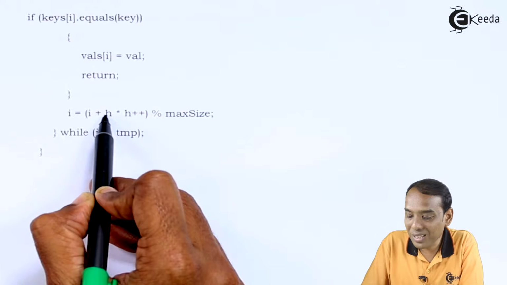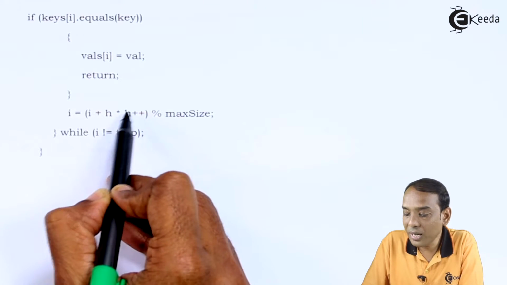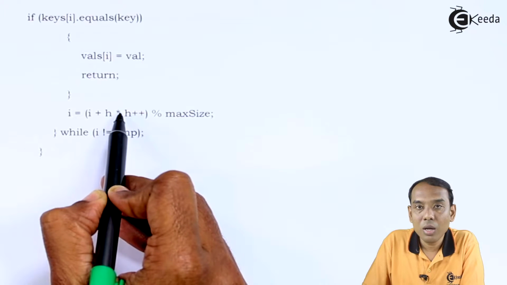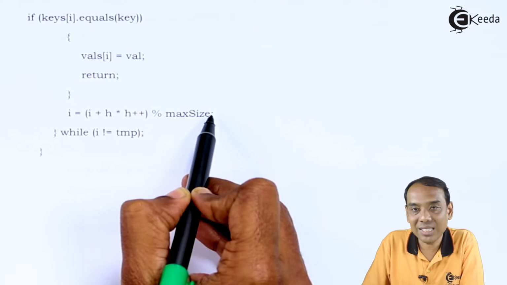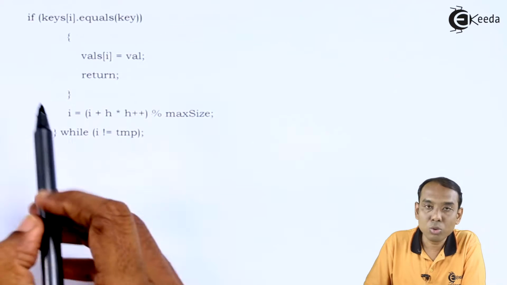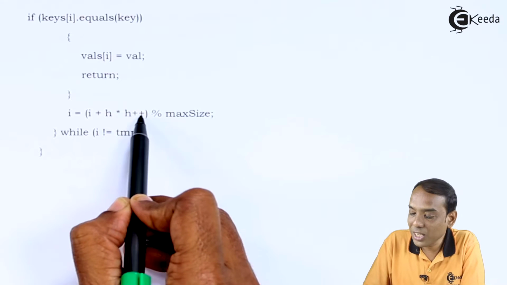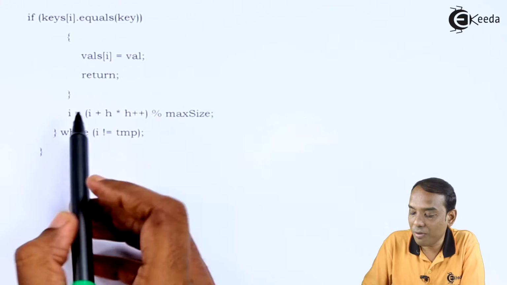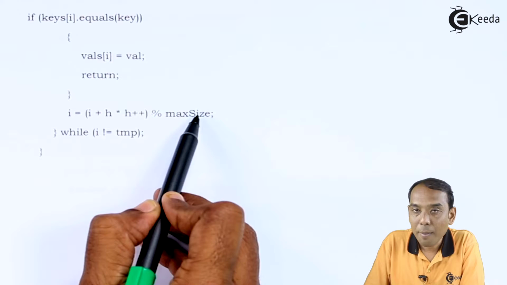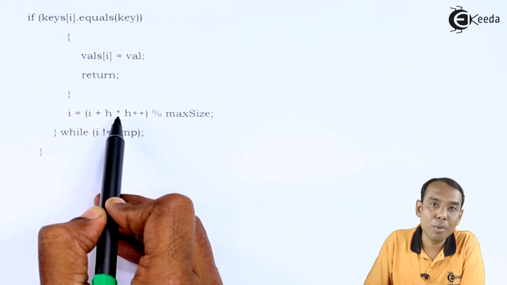So we have i plus 1 multiplied by 1, that is h, and then it is incremented. This value is divided by the max size, but we are not going to take the quotient, we are going to take the remainder. So we write i equal to (i plus h multiplied by h plus plus) mod maxSize. This is your quadratic polynomial. Whatever remainder comes is going to be different for every probe.